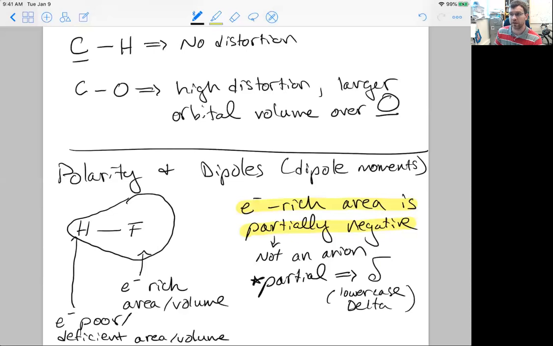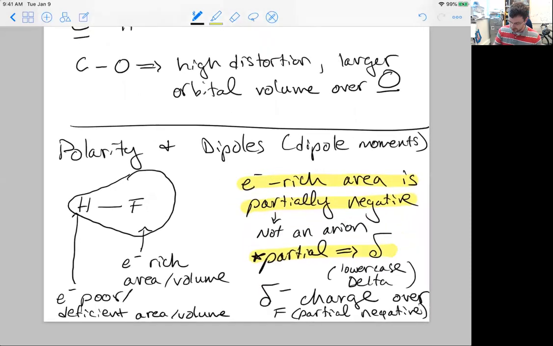It's like the Greek letter D in lowercase, with this music note looking thing, and that is delta. That's another important idea. Be able to draw deltas. They're not too hard. Delta capitalized is a triangle, delta lowercase is this music note looking thing. So we would say that we have a delta minus charge over the F. That is a partial negative. So we have a partial negative charge over the F.